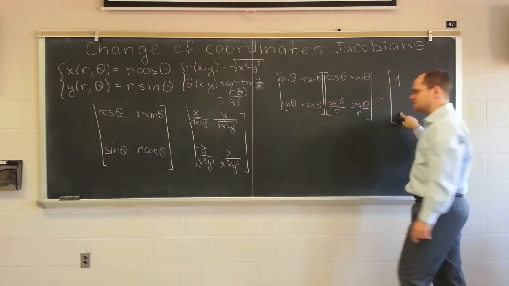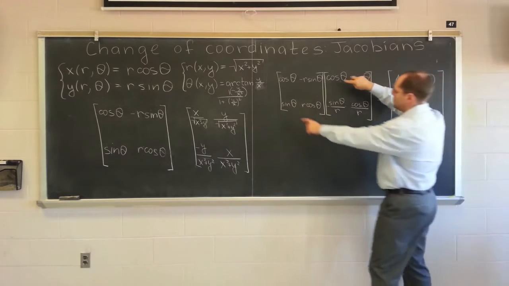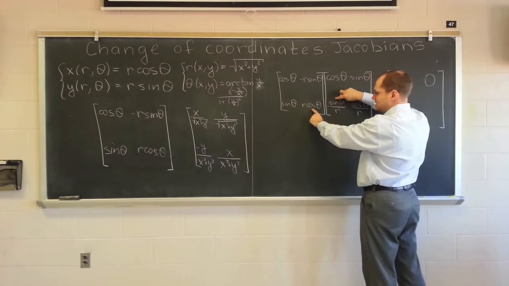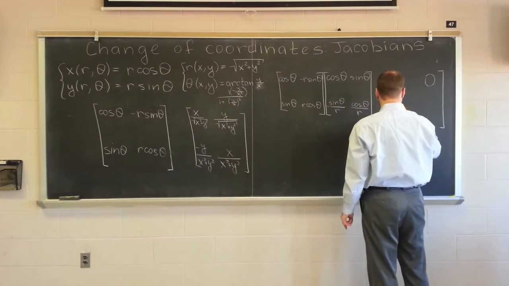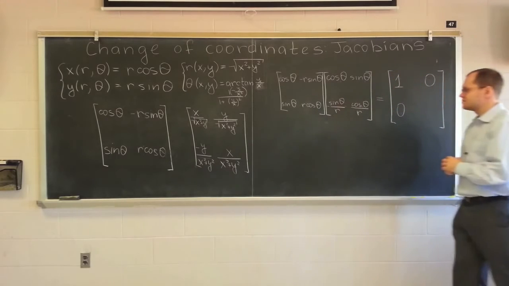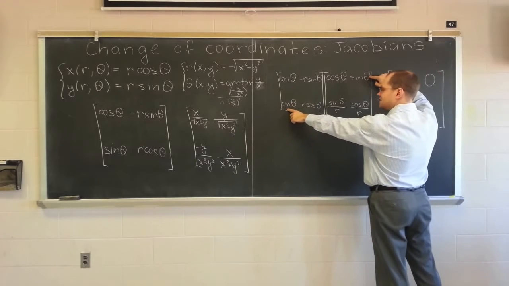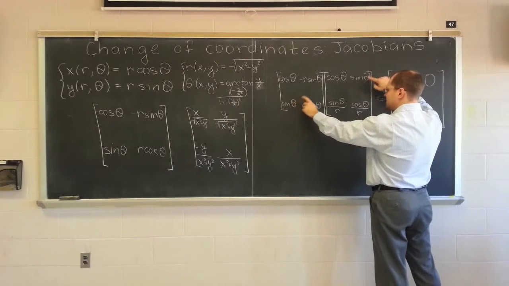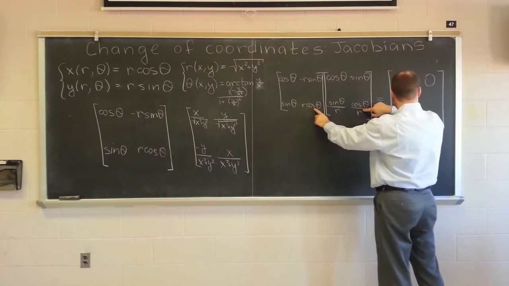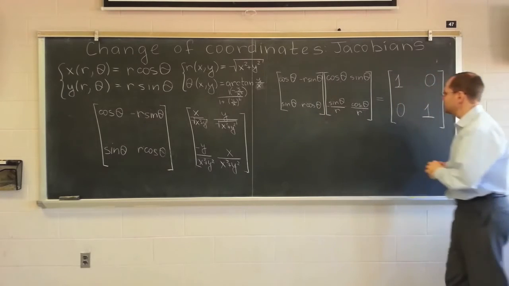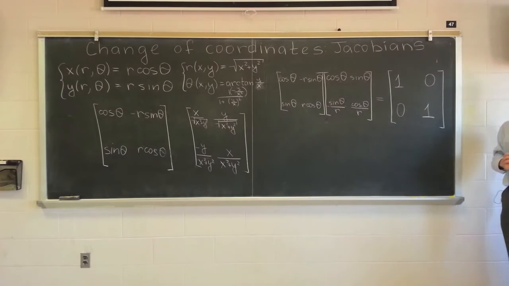The next entry is likewise 0. And the last entry is sine squared theta plus cosine squared theta, which is 1. A very satisfying result.